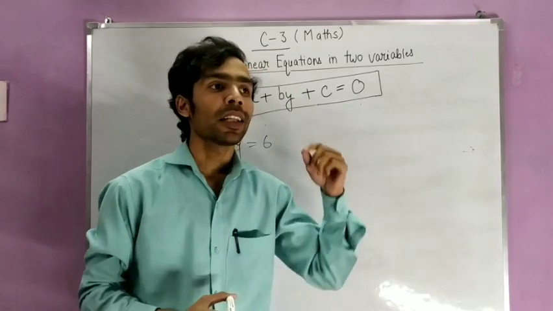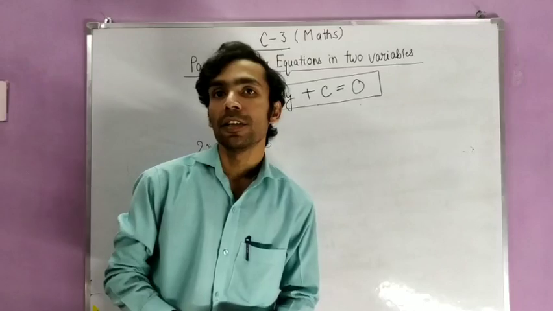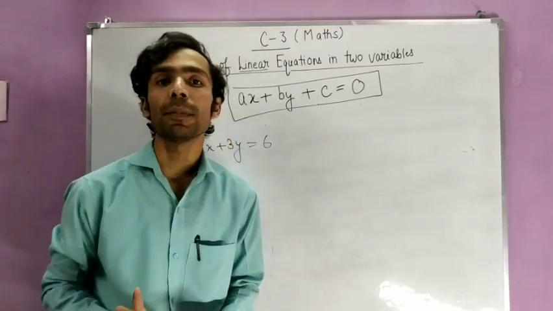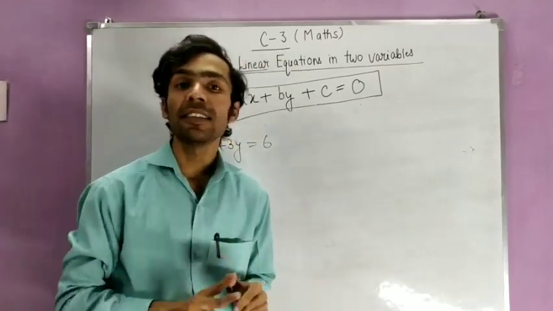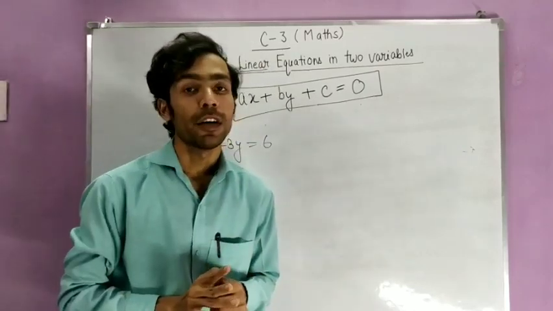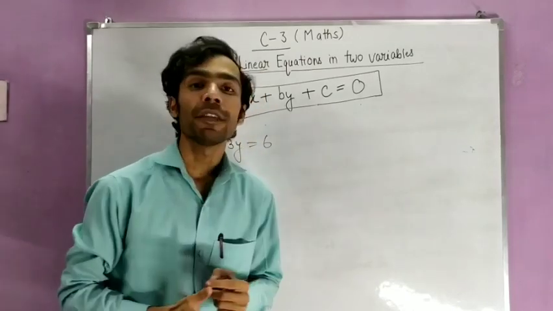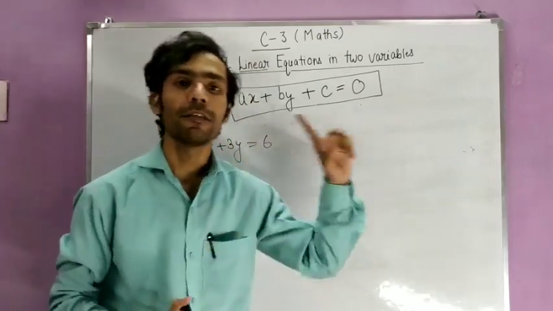Okay, in class 9th also you have studied in Euclid geometry that through two distinct points only one line can pass. Okay, so for making a line we need at least 2 points, and those 2 points we have to calculate on the x-axis and y-axis.